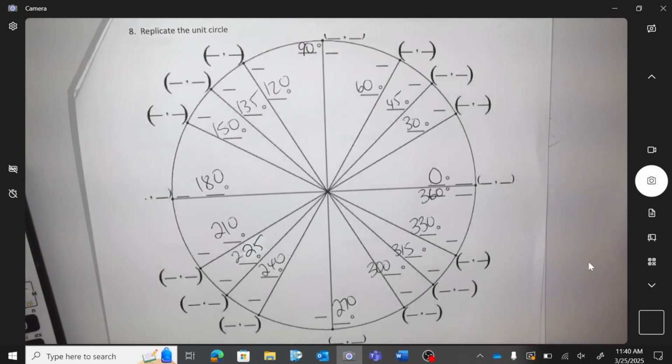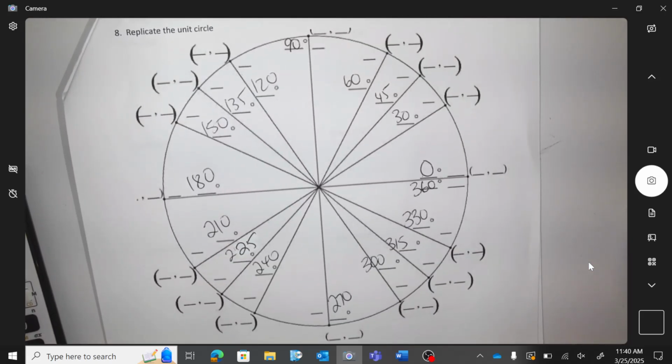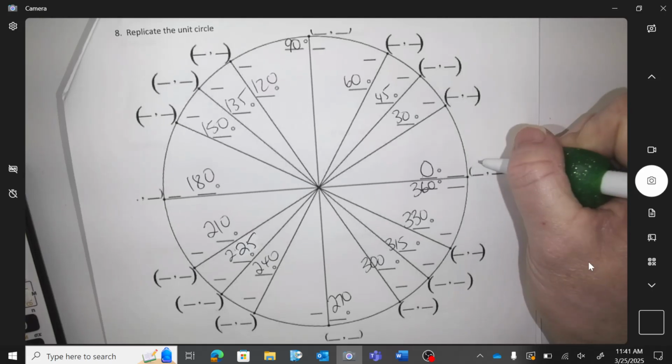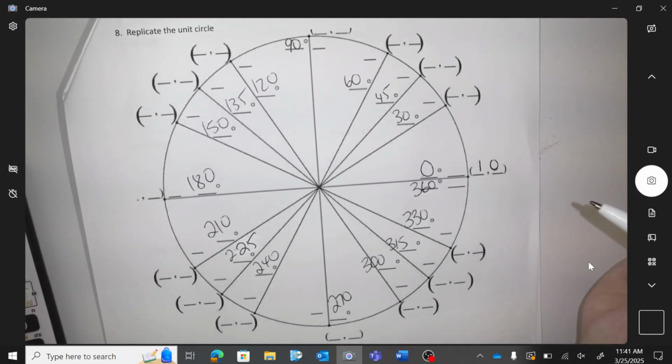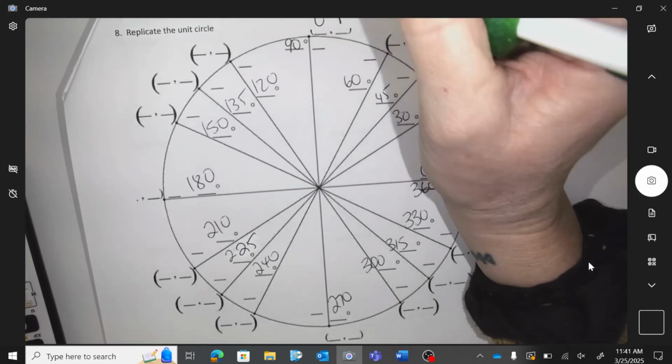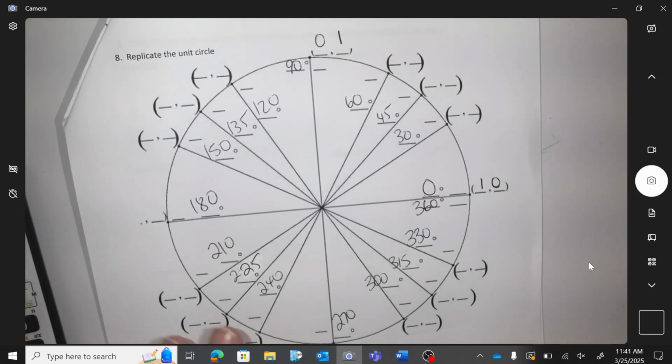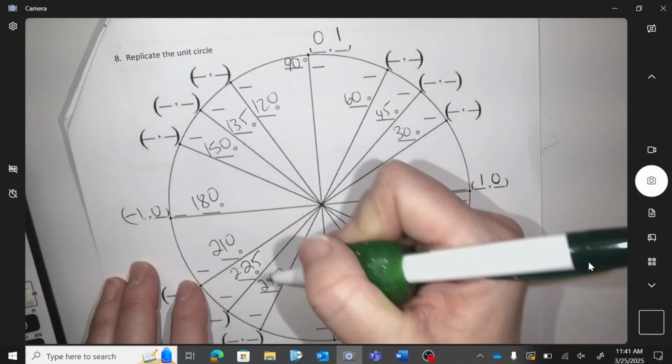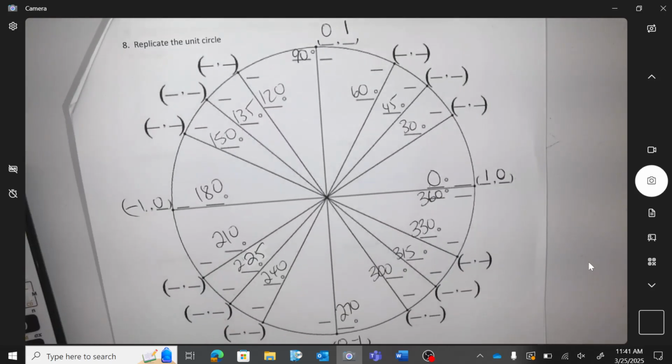Okay, the next thing I do is I do the 4 spots, the 4 corners. So this is 1 right, this is 1 up, this is 1 to the left, and this is 1 down.